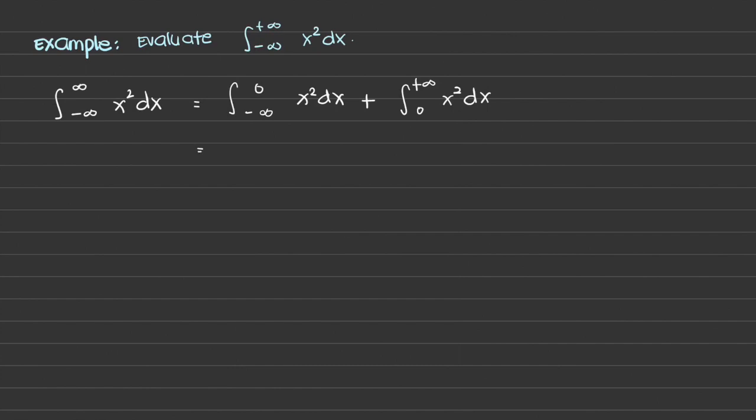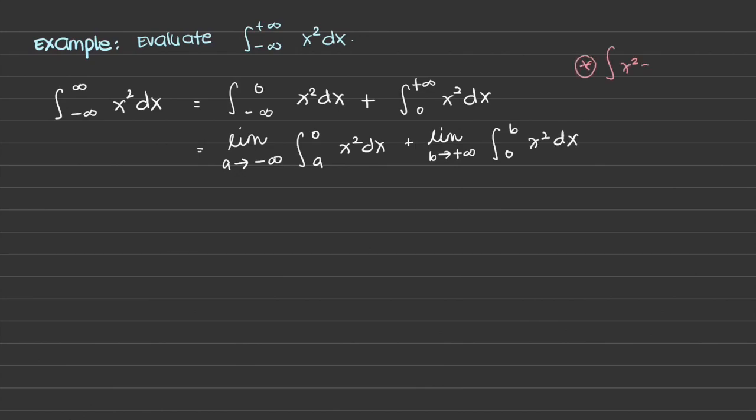Alright? And then, both of these, i-rewrite nyo as limits. So, you have limit ng, say, sige, a approaching negative infinity of the integral from a to 0 ng x squared dx plus limit as b goes to positive infinity ng integral ng x squared dx from 0 to b. Okay? And then, you can just use power rule to integrate. These are both x cubed over 3 lang, no?